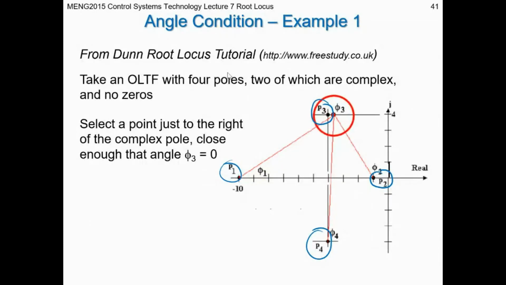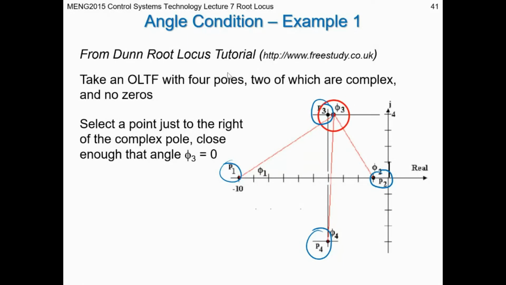So if we select a point that's just infinitesimally to the right of one of those complex poles, like the one that's flashing on the screen here, we're saying it's close enough that the angle between that point on the root locus, the closed loop root, and that pole P3 can be assumed to be 0.